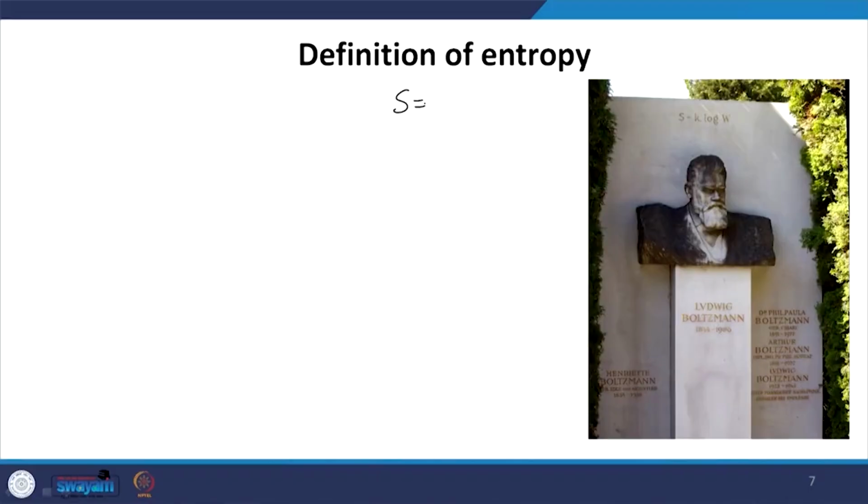Yes, so with this we have got the basic idea of entropy, and the equation that I derived, S equal to k log W, is the equation that was given by the scientist named Boltzmann.